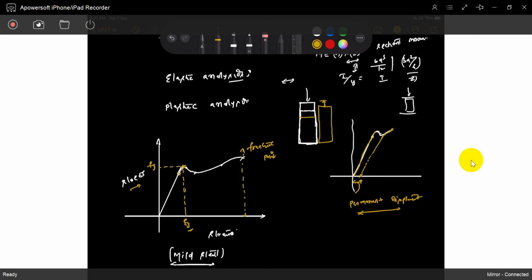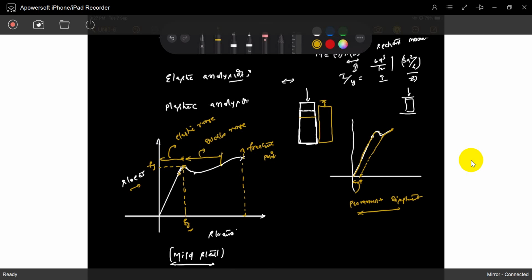So if you see this diagram, up to here we call it the elastic range. Then up to this point, we call it the ductile range. Ductile range means there is no increment of stress, but strain is increasing.